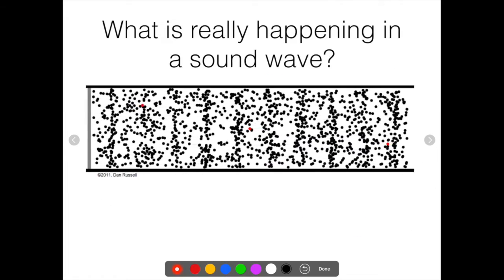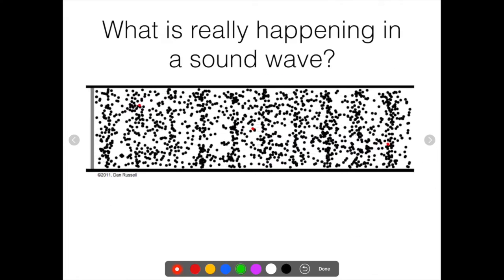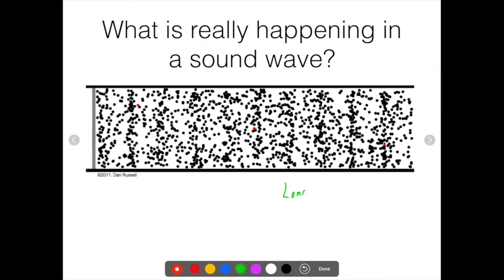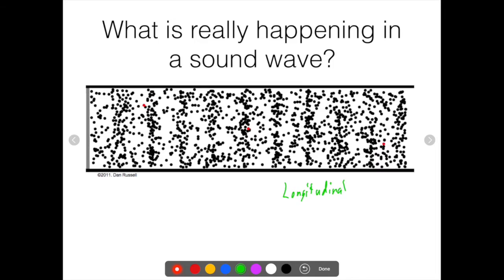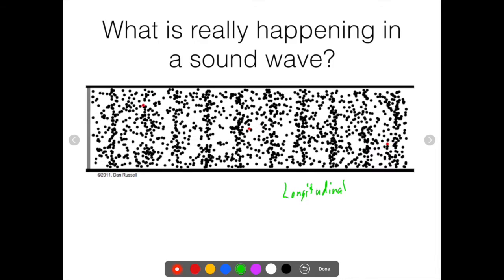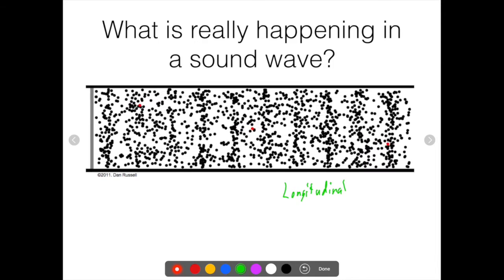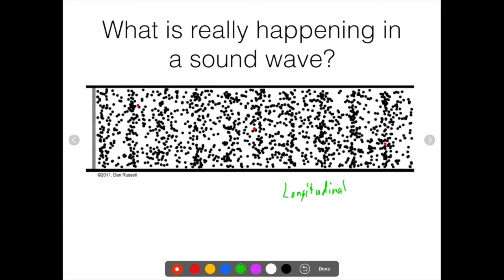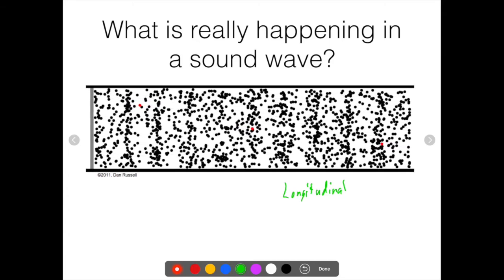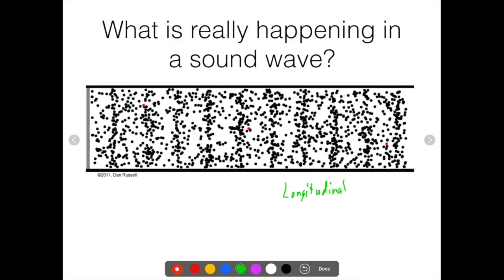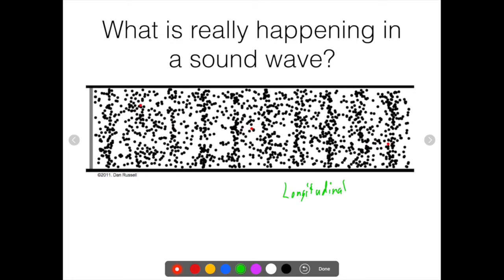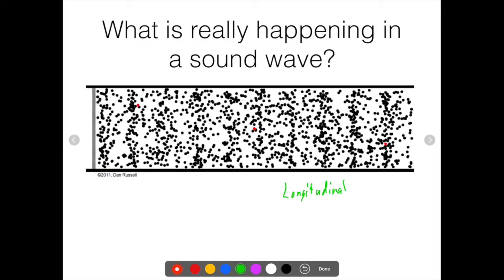Now, this is an example of a sound wave. A sound wave is longitudinal. It has to be longitudinal because it's in air, or in liquid, unless we're talking about something that's solid. But in air, it has to be a longitudinal wave because the particles aren't connected. The air particles are far enough apart.